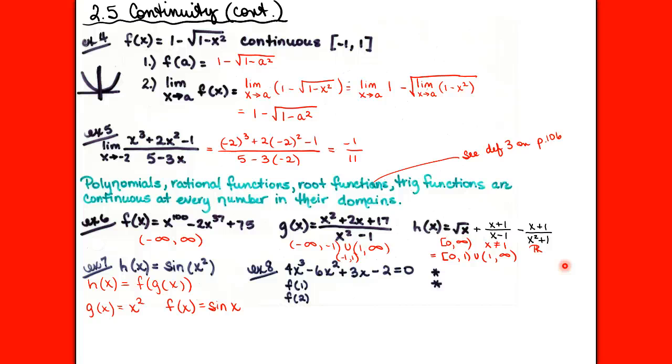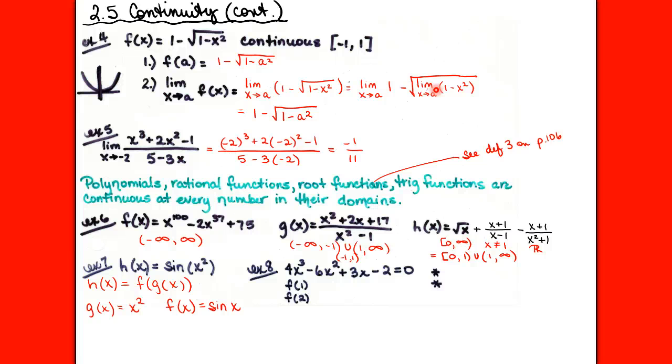It's kind of like, you know how when you have a limit of a radical, like we did up here, that instead of taking the limit of the radical, you can take the limit of what's under the radical first and then do your square root. It's the same idea. If you have f of g of x, instead of having to take the limit of that whole thing, you can take the limit of g of x and then take f of that answer.